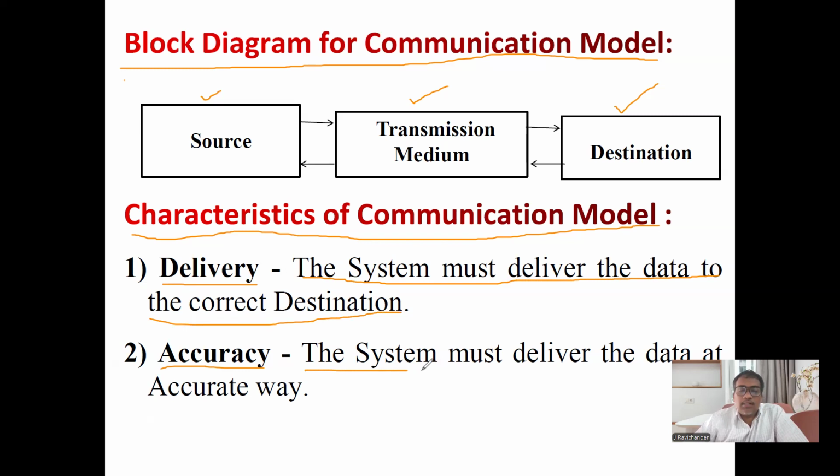Accuracy. The system must deliver the data in an accurate way. So this is also an important parameter in a communication model.